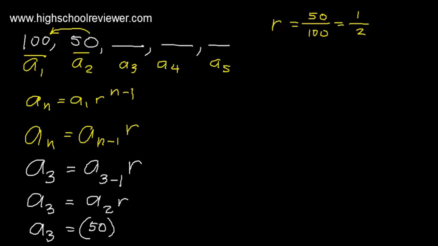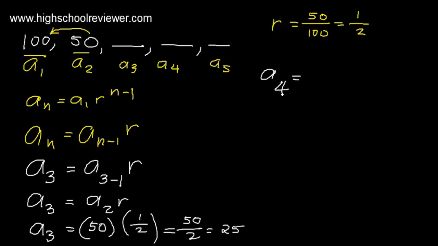We can now substitute r here, which is 1 over 2. So our a sub 3 will be 50 divided by 2, so positive 25. And let us now find a sub 4.